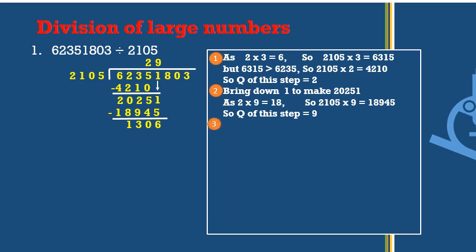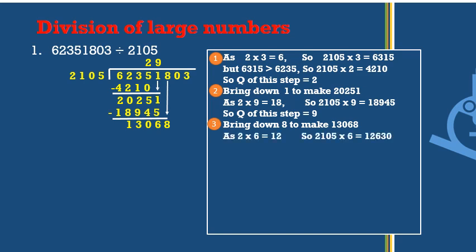Now children, in the next step, we will bring down 8 to make 13068. As we know that 2 multiplied by 6 is equal to 12, so we will multiply 2105 by 6 to get 12630. Now, the quotient of this step is 6.